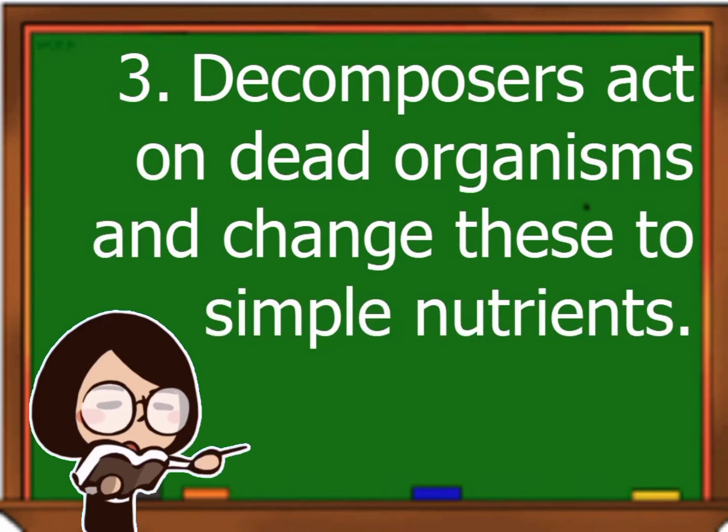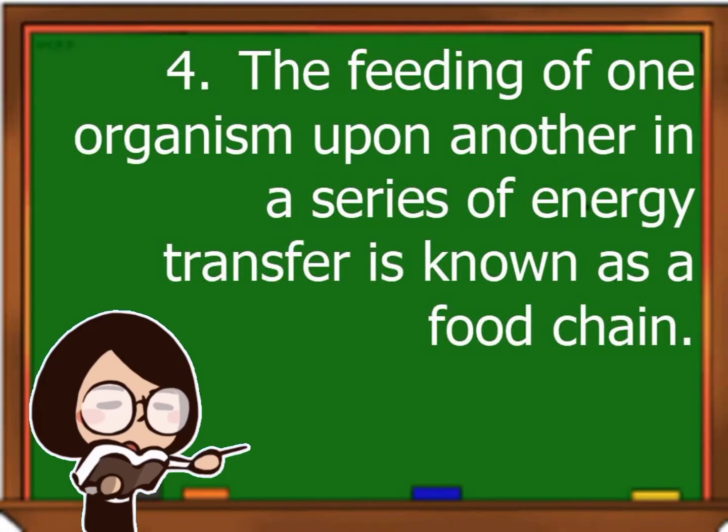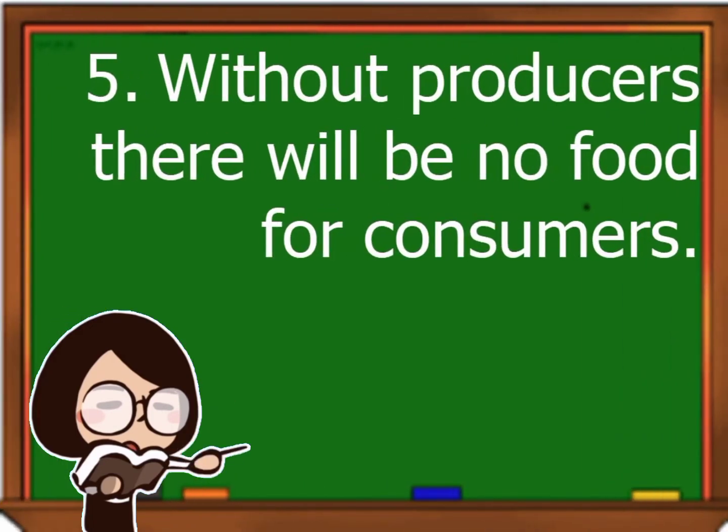Number 3. Decomposers act on dead organisms and change these to simple nutrients. Number 4. The feeding of one organism upon another in a series of energy transfers is known as a food chain. Number 5. Without producers, there will be no food for consumers.